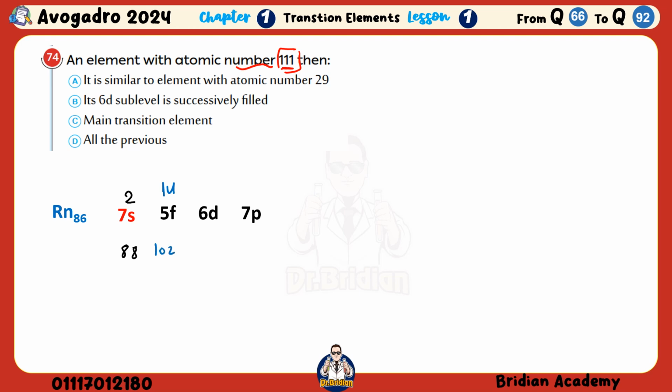From 102 to 111, the difference will be 9 electrons. If you subtract 102 from 111, it will be 9 electrons. So d will contain 9 electrons, and this electron configuration will end with 9 electrons.